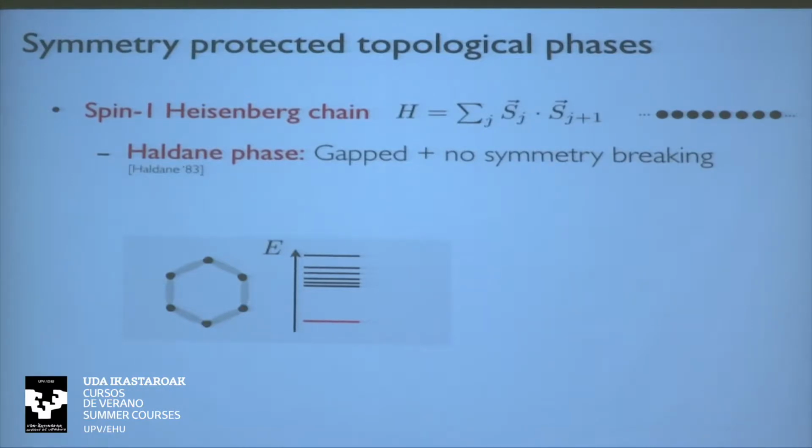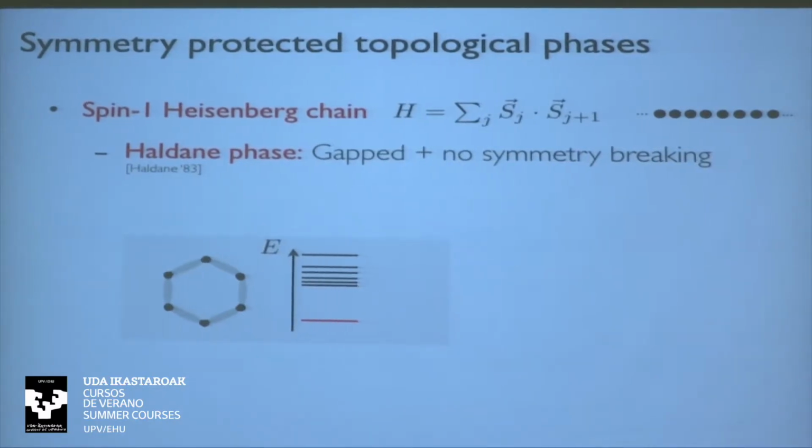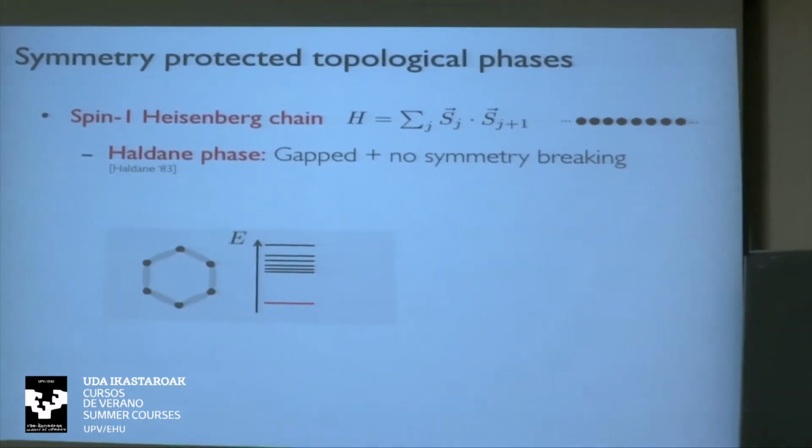So a while ago, in the early 80s, Haldane conjectured that the ground state of this Hamiltonian is gapped, and it does not break any symmetry. Which means that if we put the system on a ring as such here, and we diagonalize this Hamiltonian, we would find that there's a unique ground state, and then there's some energy gap to an excitation continuum.